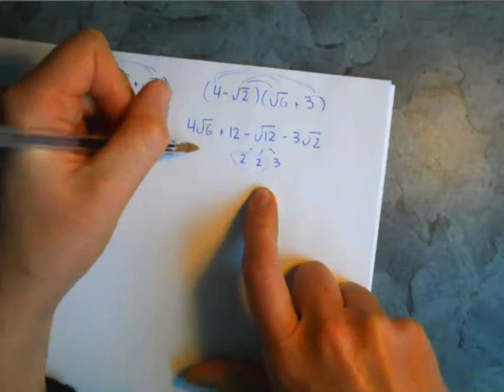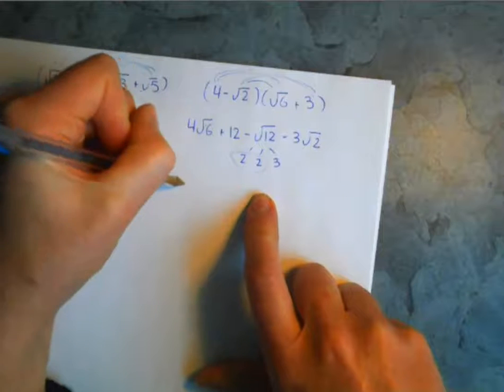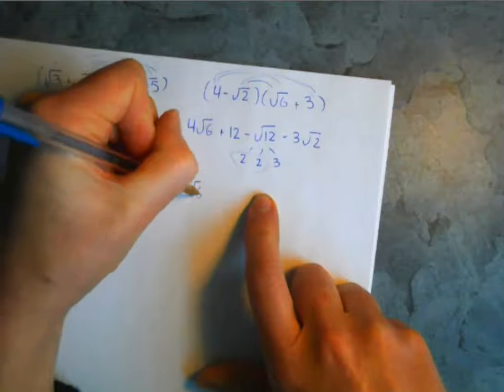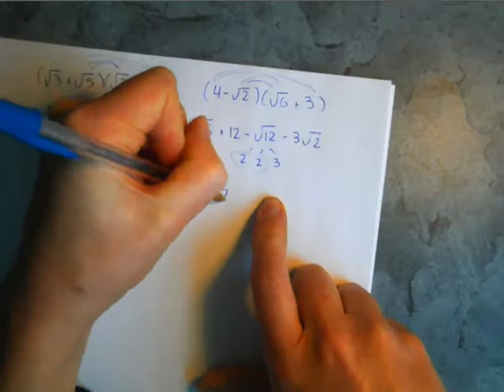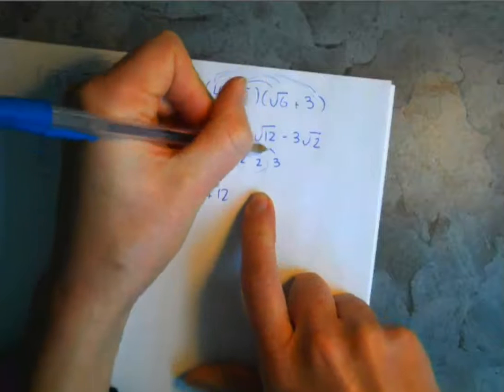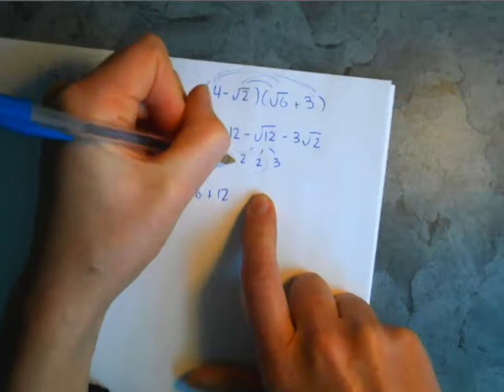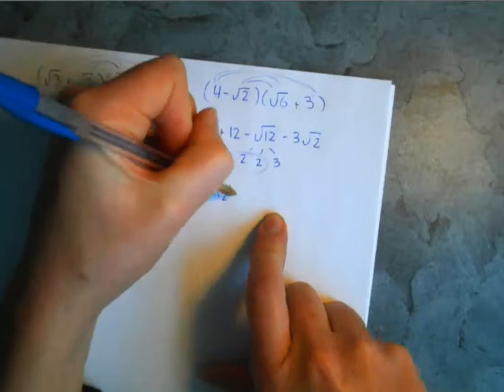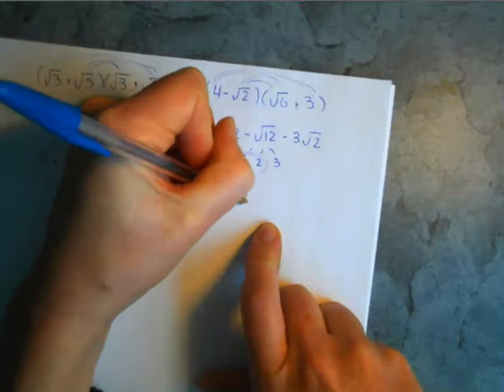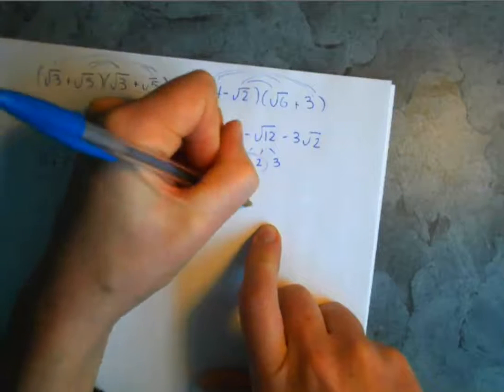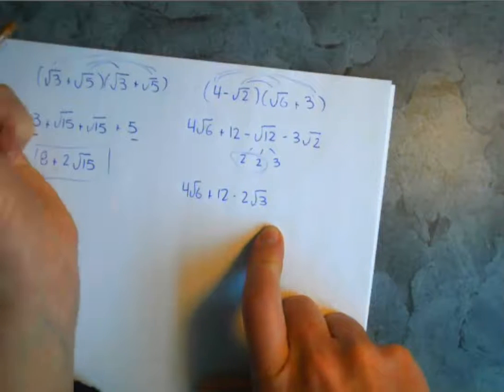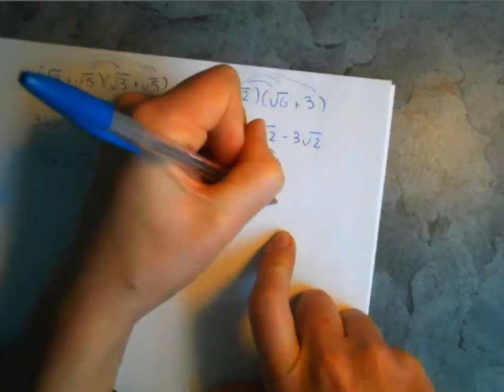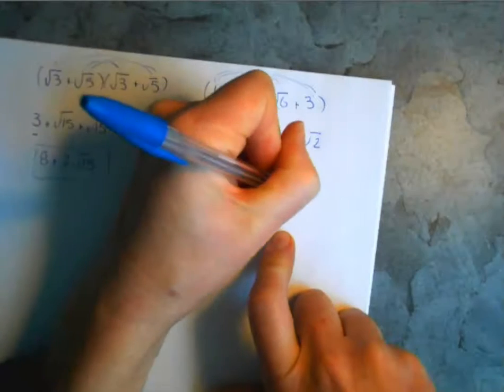So we're going to end up with, carry down our 4 root 6, 12 stays the same, and then this root 12 is going to change into, because we have these 2's that can be taken out, it's going to be minus 2, and then the 3 stays under the radical, 2 root 3, and then minus 3 root 2.